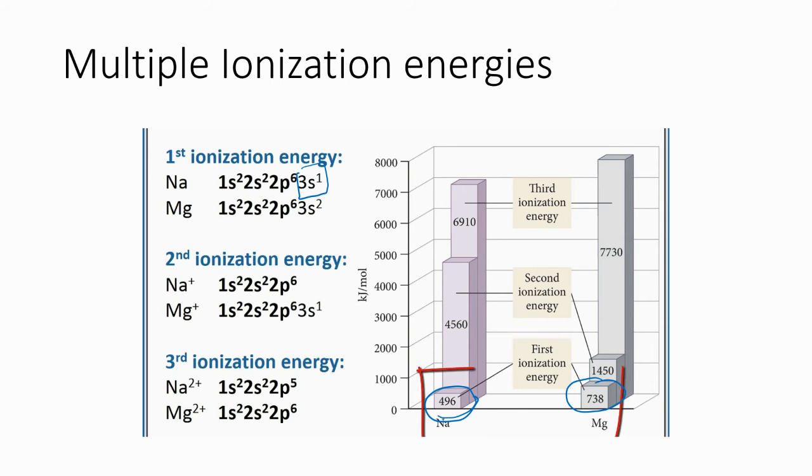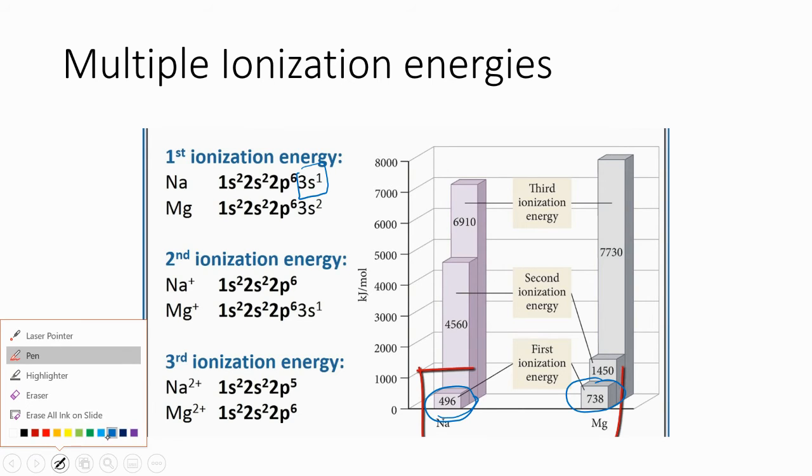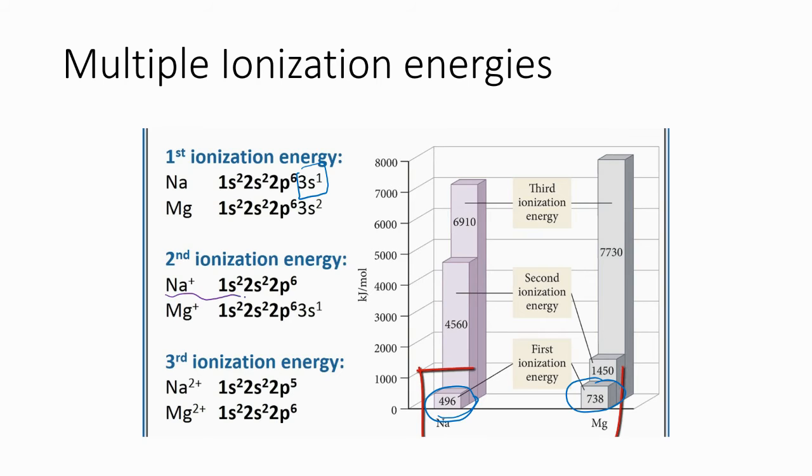And when it gets rid of it, look at what happened. Sodium is now a noble gas in the electron outfit it's wearing. So it's lower than what magnesium has. Magnesium, you're breaking up a 3s2, and by breaking up that 3s2, you're breaking up a full subshell, which isn't great. So magnesium is going to have a slightly higher one than sodium.